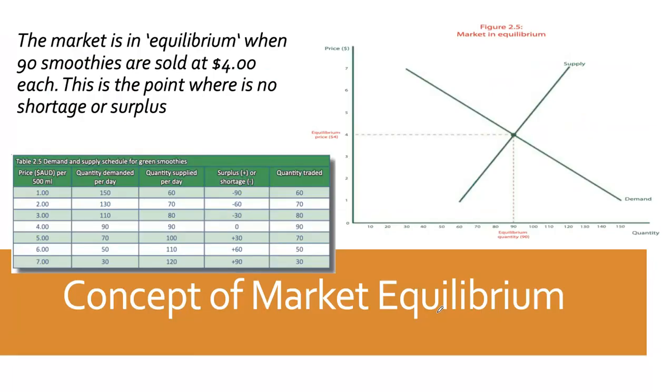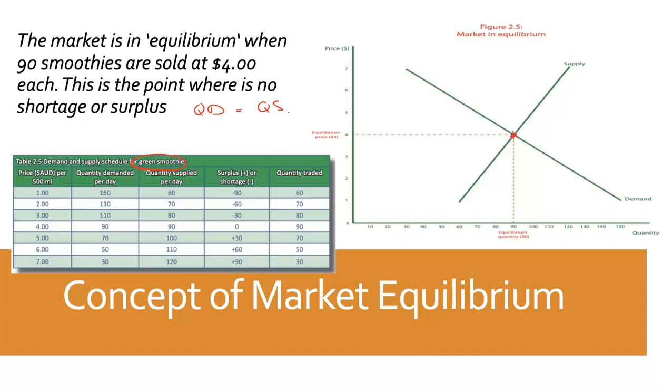So the concept of market equilibrium, if we come back to the product of green smoothies, is trying to find out the price where quantity demanded equals quantity supplied. And this is where the supply curve and the demand curve intersect.